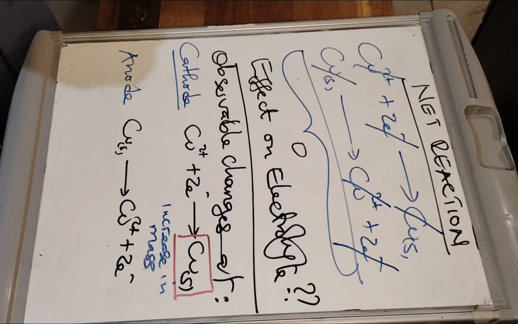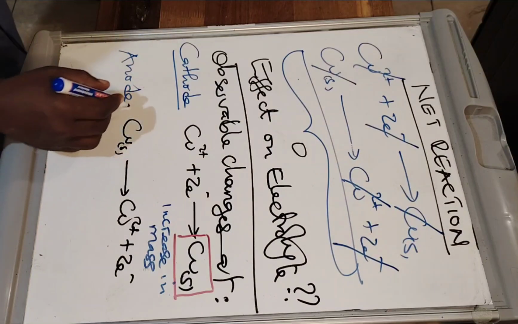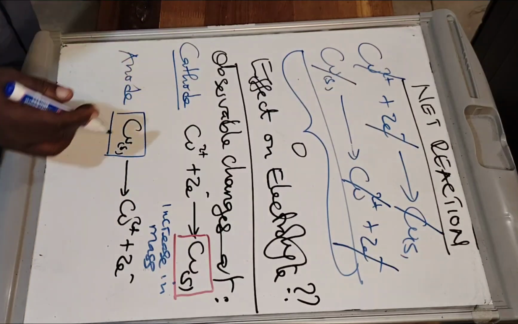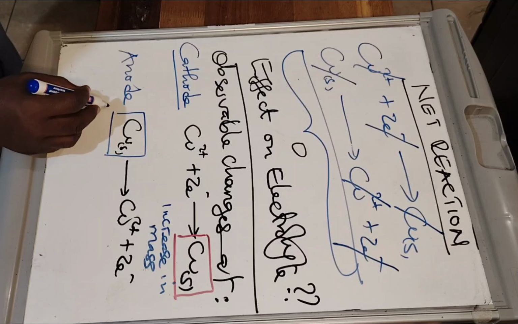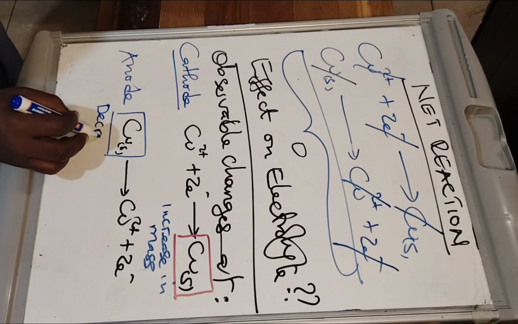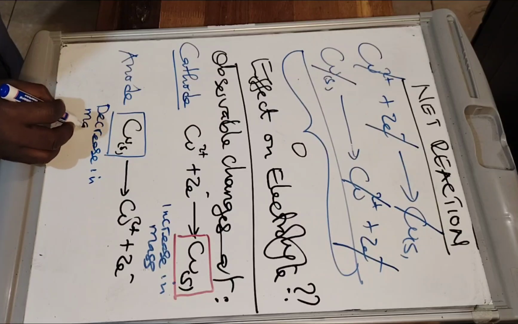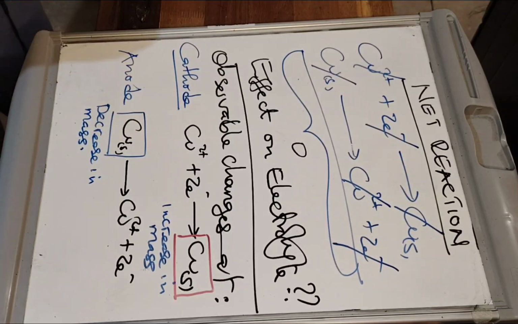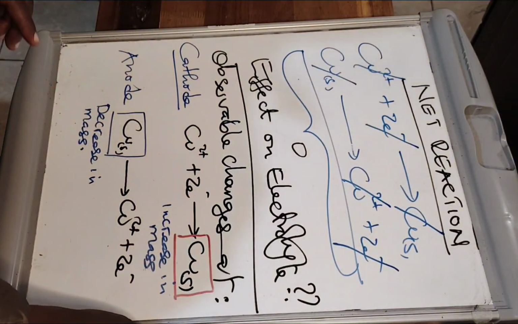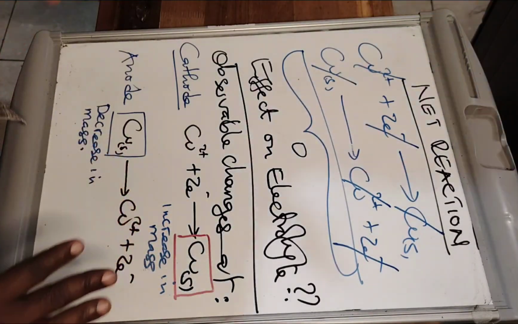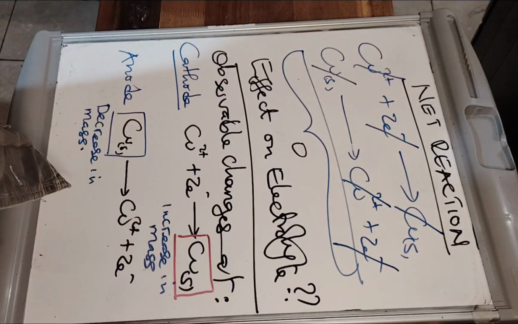And I want to remind you that every time you have this one on the reactant side, it means a decrease in what? Decrease in mass. So that's what happens at our electrodes during electro-refining.